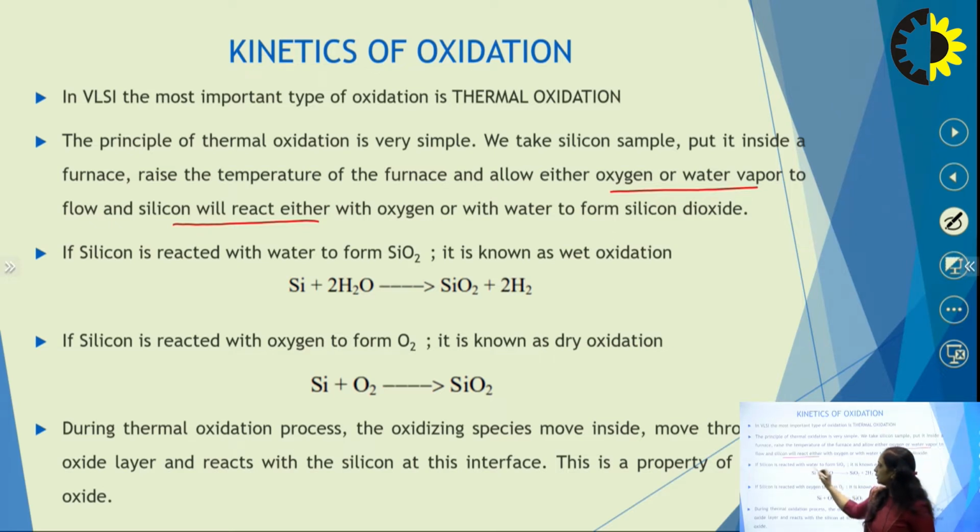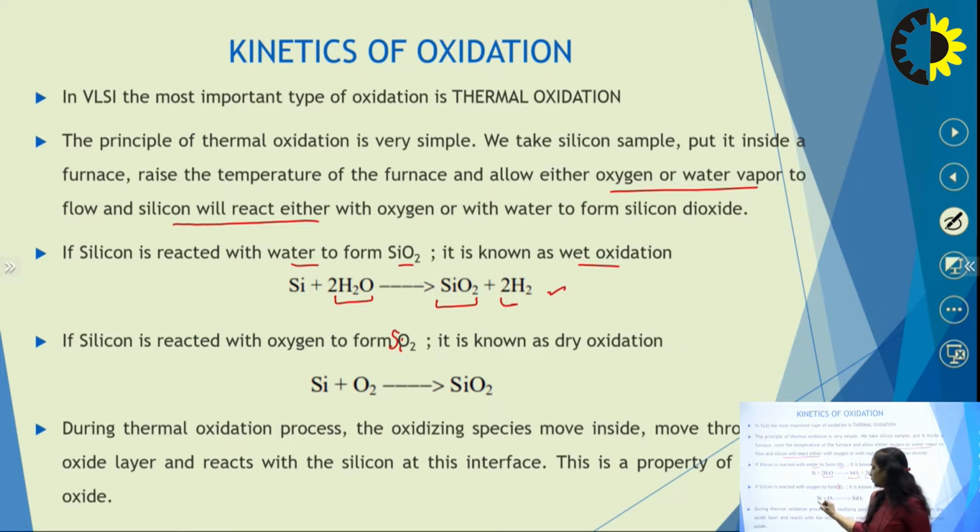Now if your silicon reacts with water to form silicon dioxide, it is known as wet oxidation. By this equation, we can see that silicon reacts with water and we have silicon dioxide plus hydrogen as a residual. If your silicon reacts with oxygen to form the silicon dioxide layer, it is known as dry oxidation.